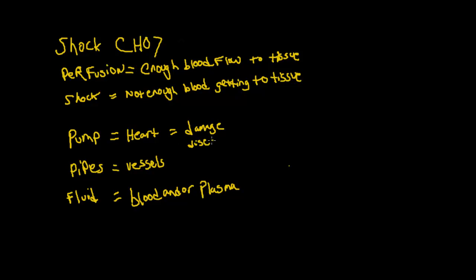So if something happens to the heart, if there's some sort of damage or disease that results in damage, you can have cardiogenic shock. What's happening in this case is the heart is not functioning properly, so it's not going to pump properly, and so not enough blood flow is going to get out to the tissue, and that will cause somebody to go into shock.